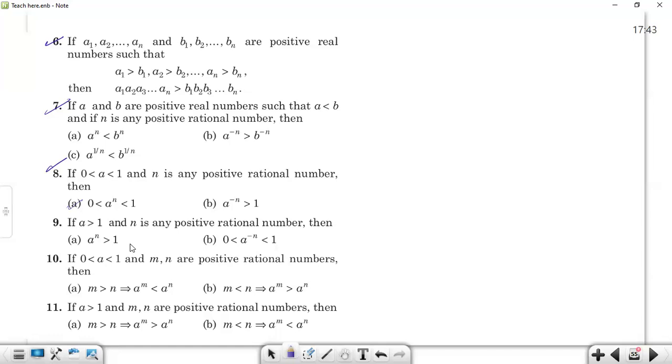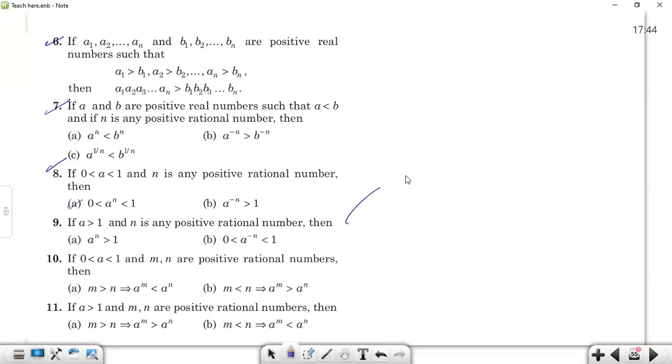We have also discussed this in the logarithm graph. And if we take its negative power, the negative power means that we are making a into 1 by a. So we are considering a value which is less than 1, and if you increase the power, it will still remain less than 1.